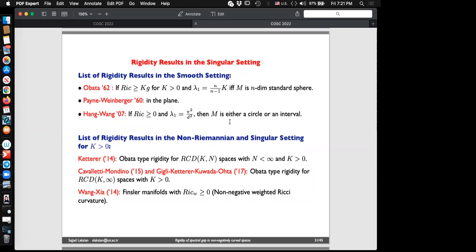Actually, what I wrote here is not correct because they don't discuss the convex boundary. They only discuss that if you have a closed manifold which achieves this sharp bound, then it has to be a circle. But it is also true that if it has convex boundary and achieves this bound, then it has to be an interval, if it's connected.